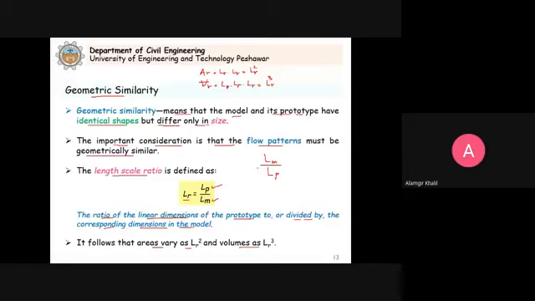This can be denoted by lambda, and this is known as model ratio, or model scale.